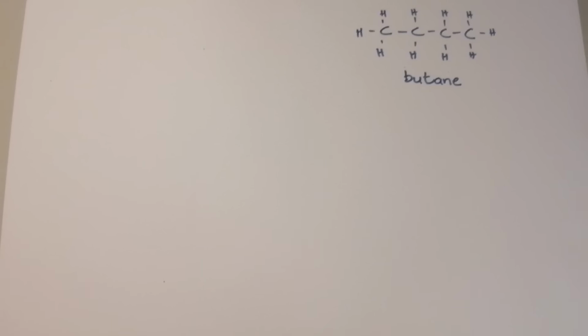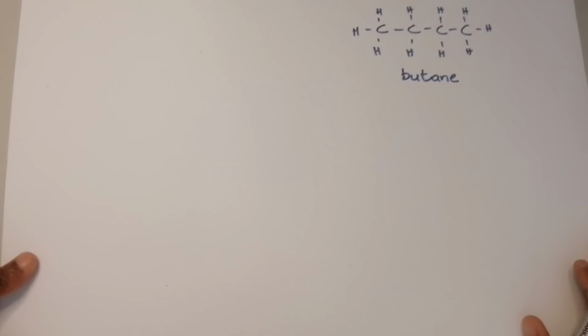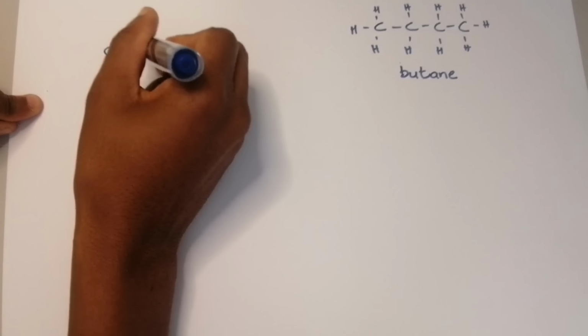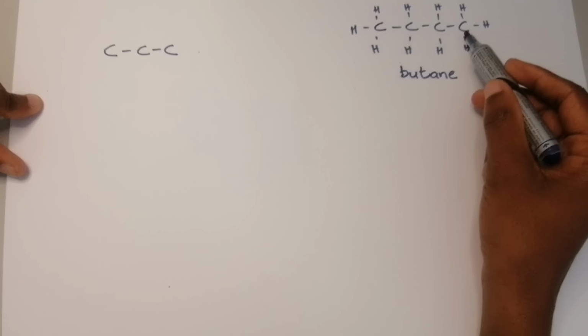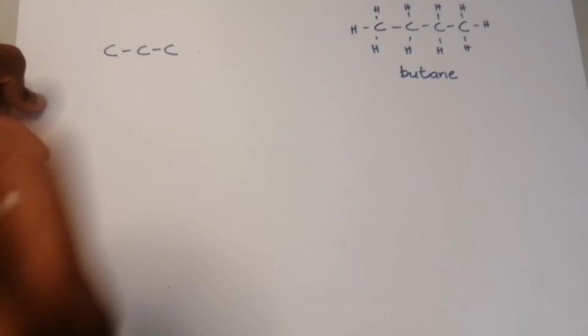Those are organic compounds with the same molecular formula, but structurally they look different. And so they've got different structural formulae, so more than one structural formula. So let's take something as simple as this. We noted here, this is butane.